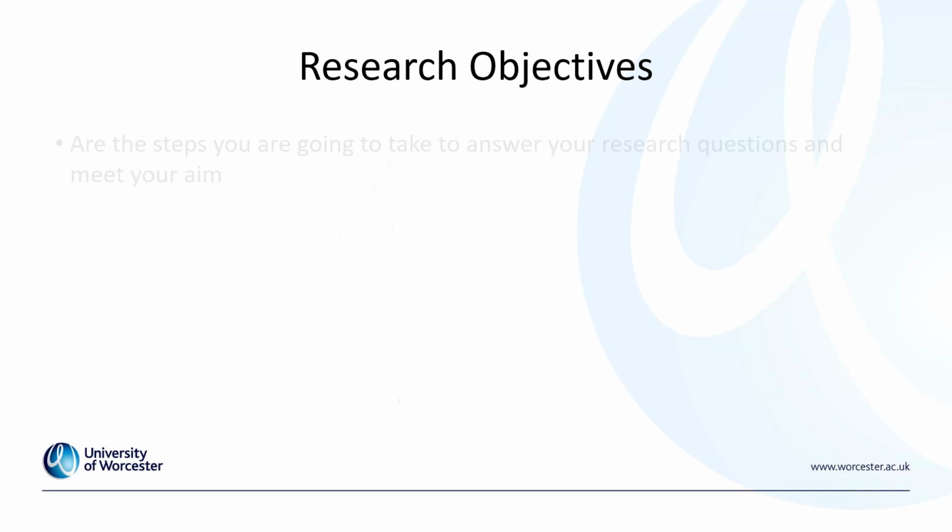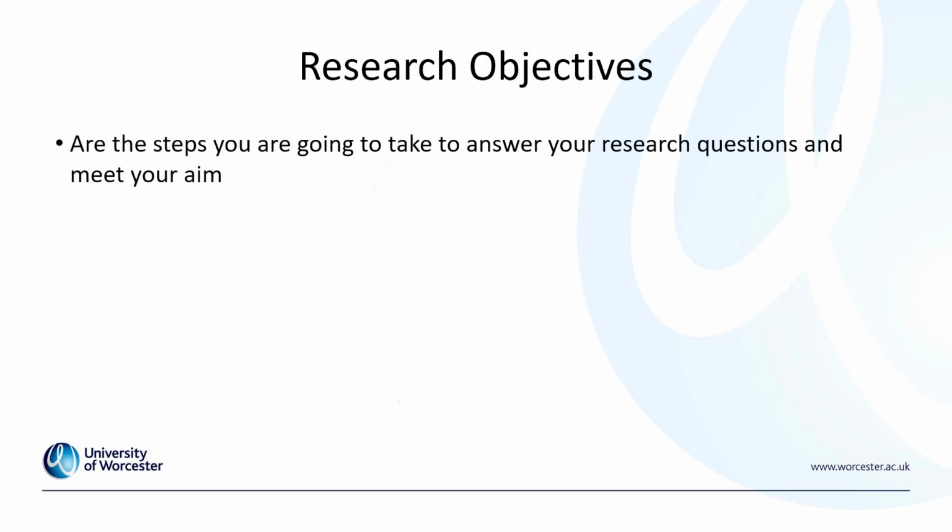Research objectives are the steps you're going to take to answer your research question and meet your research aim. Therefore, research objectives must be focused and they must be feasible. If they are not focused and we don't know explicitly the steps we must undertake, we will not be able to undertake them. And likewise, if these research objectives are not feasible, we will not be able to undertake these steps and we will not be able to complete our project.